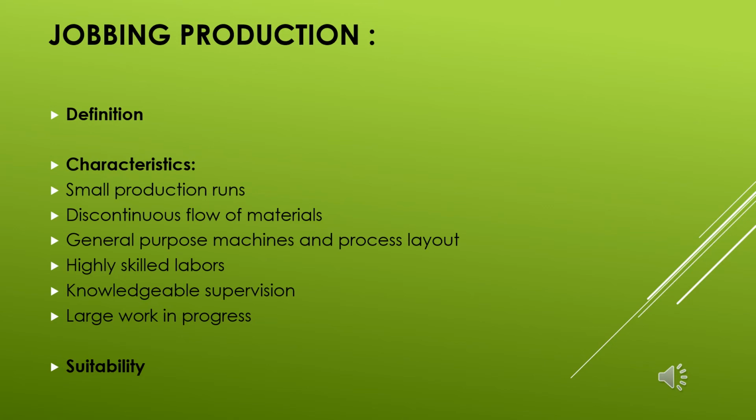But job production has some limitations attached to it. The limitations are, first, large scale production: the kind of economies of large scale production cannot be attained in job production, because the production is done in very short runs.